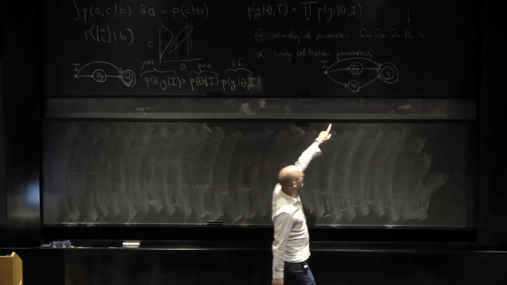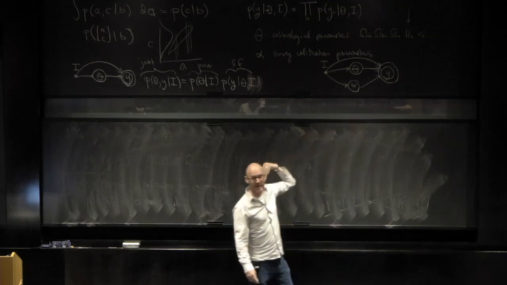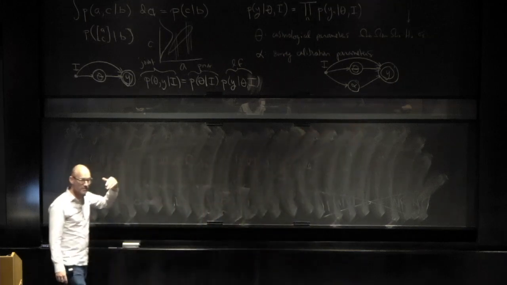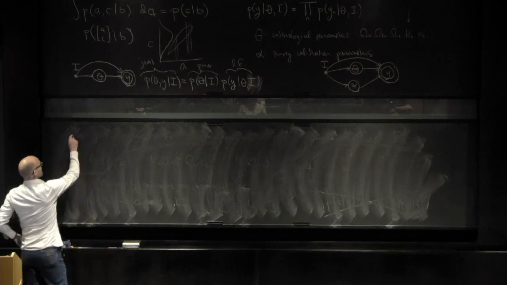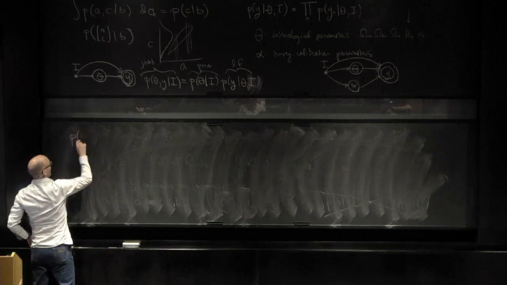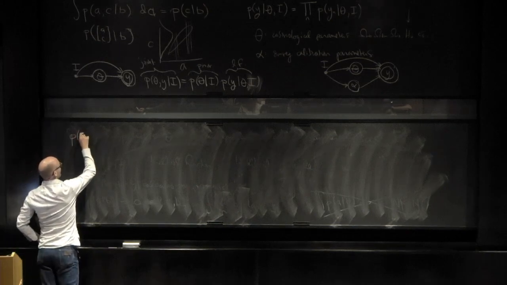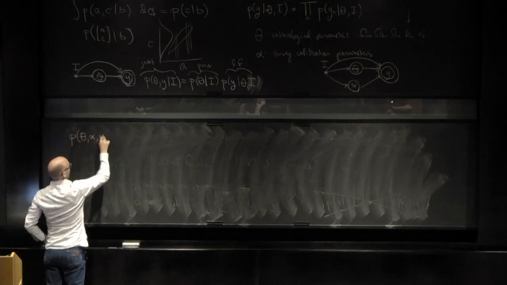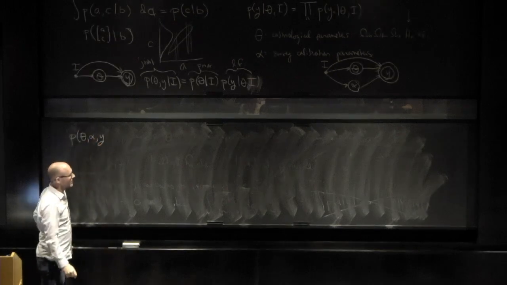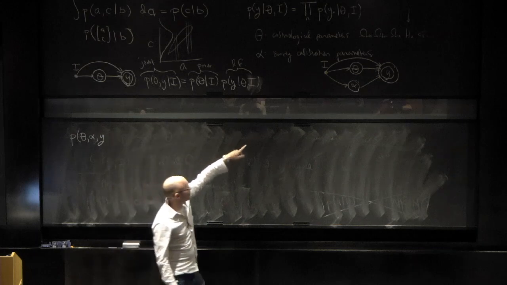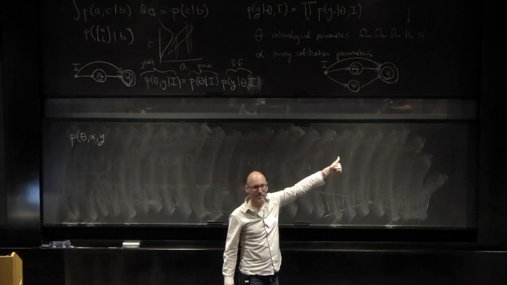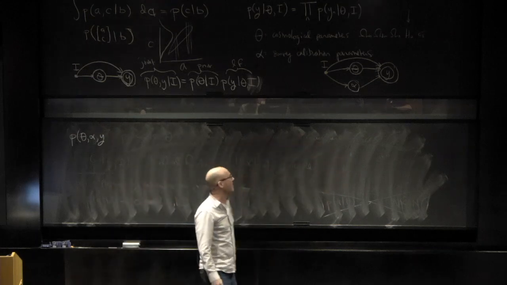Now, this is my new graphical model. So I'm now going to write down the probability factorization in that graphical model. It looks like this: the probability of theta and alpha and y, all the things in the circles. Y is the thing you observed. Theta and alpha are the things you want to know about.